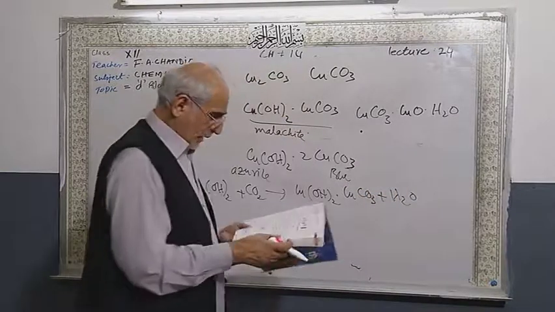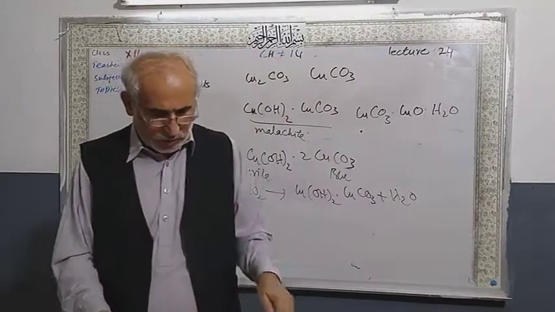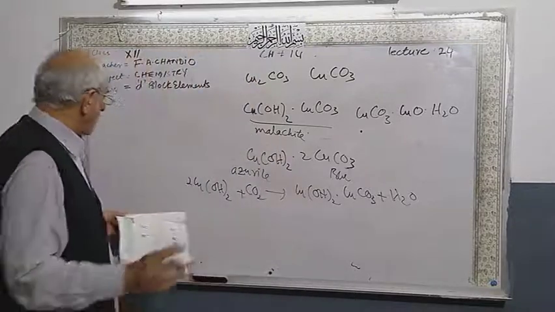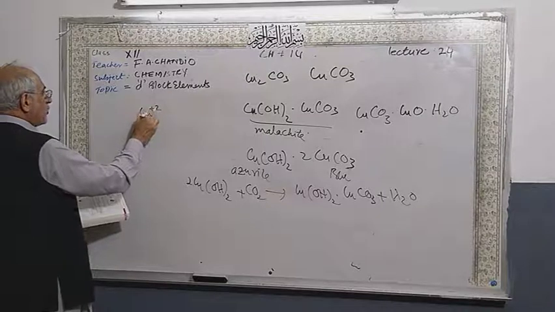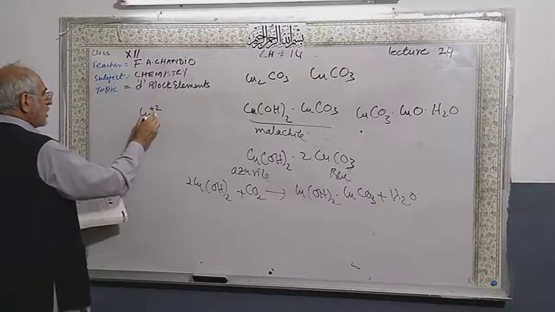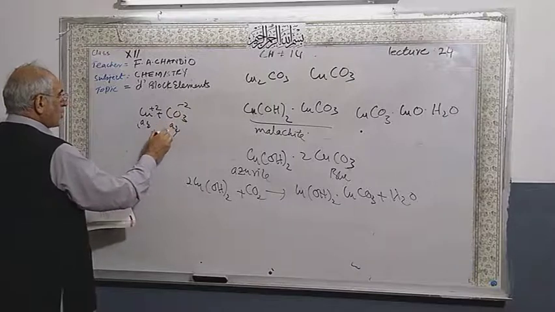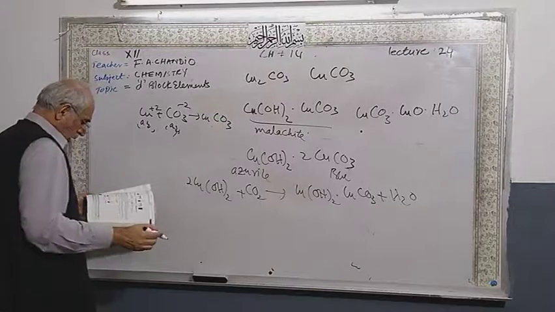You will get this malachite. So you simply get the precipitate of copper 2 carbonate. There the blue color of copper is the copper 2 aqueous plus carbonate 2 aqueous. You will get copper carbonate.